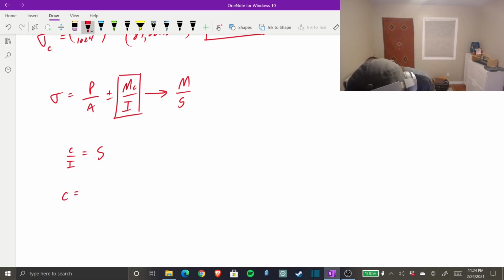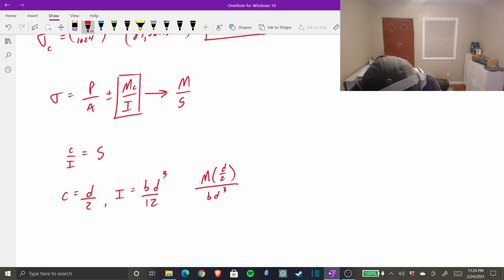C equals, like we said, D over 2, and I is equal to B D cubed over 12. So if we plug all those in, M times D over 2 over B D cubed over 12 equal to M over S.